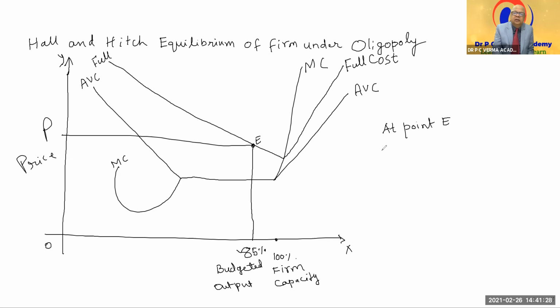At point E, equilibrium price OP is determined.